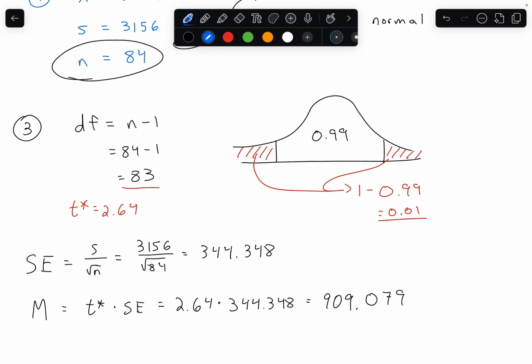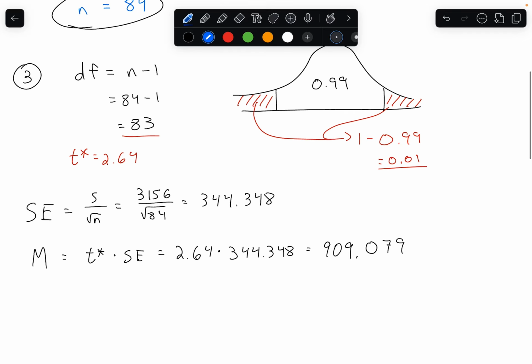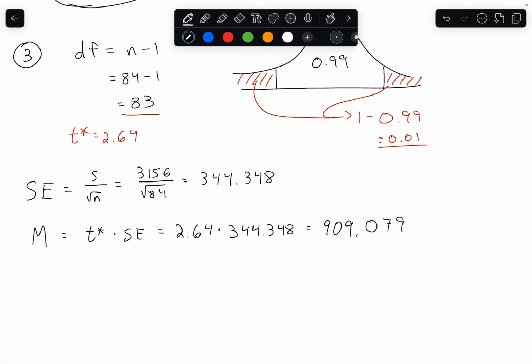And then lastly, finally, I would like to actually go and build my confidence interval. My confidence interval always looks the same. The general form that we follow is we start with our point estimate, which in this case we're trying to estimate the population mean.